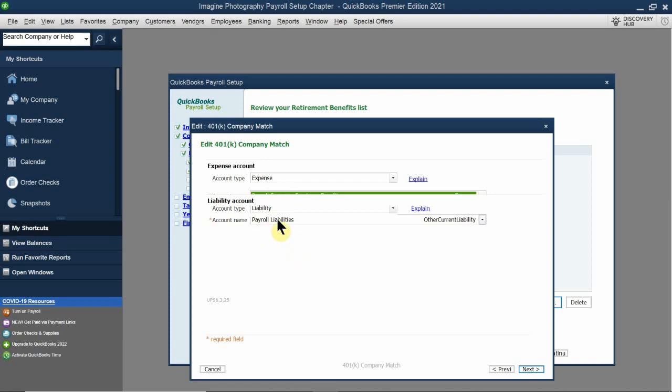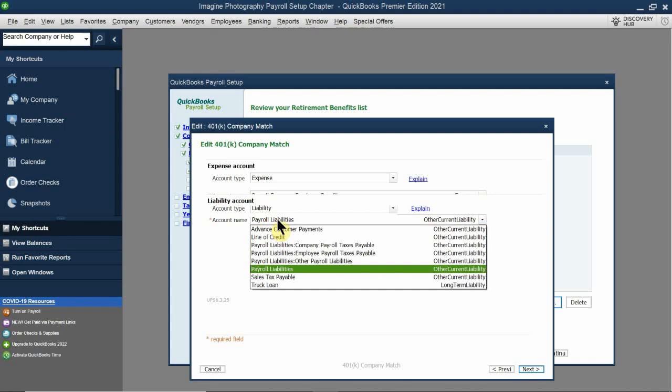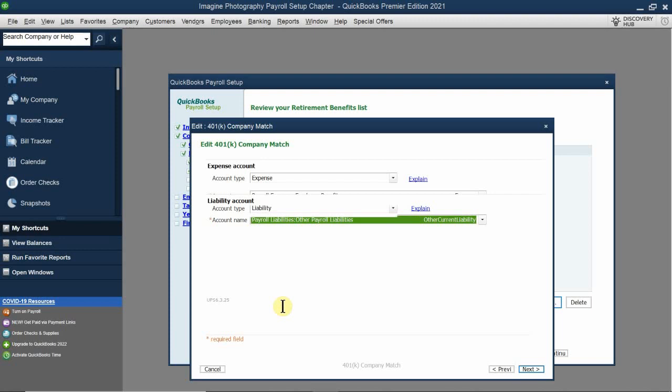Okay? So in this case, this is a payroll liability. All right? And it's going to be liability account, payroll liabilities, other payroll liabilities. Okay. So then now I can go ahead and click next.